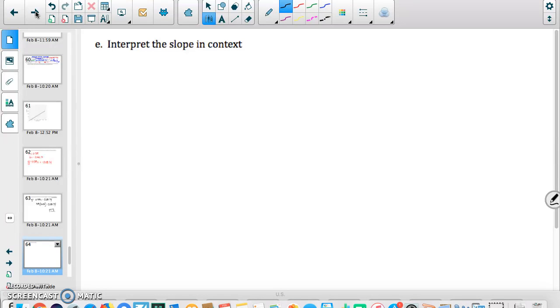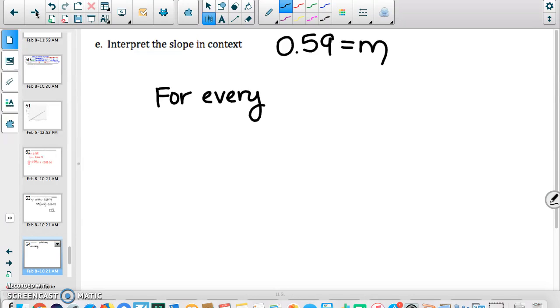Now let's interpret our slope in context. So this is very important. Maybe if you missed this one on your quiz, this is a great review. So what is our slope saying? Our slope is saying for every increase in one x variable, whatever we're going up by in our x, in this case it's minutes, right?